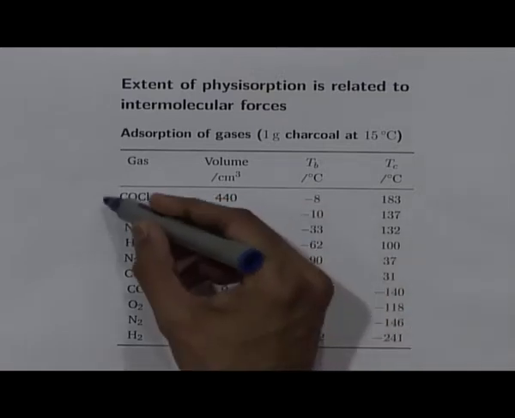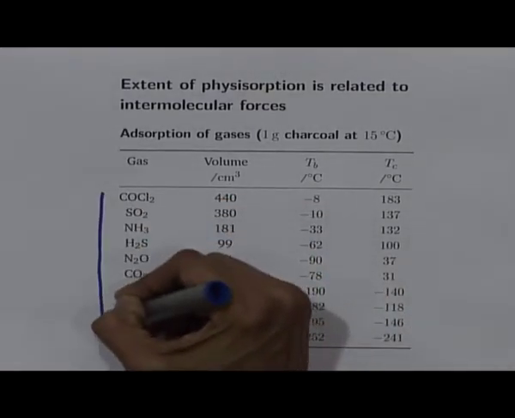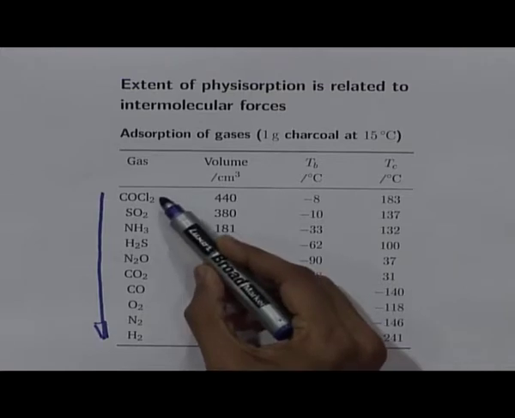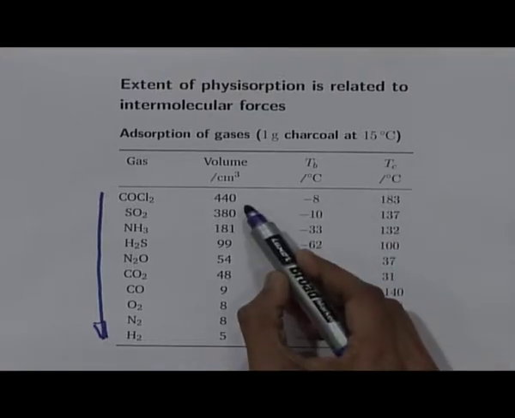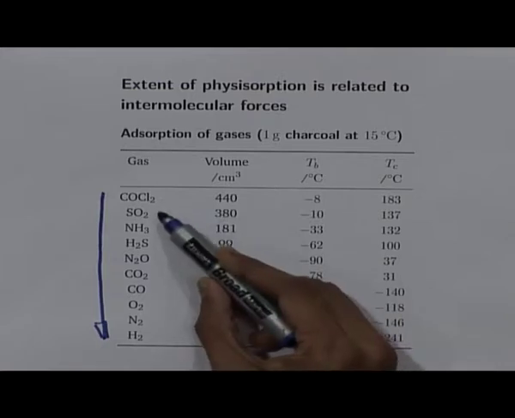Here are various gases, and I have listed some of them. There is phosgene here, and to 1 gram of charcoal at this temperature, 440 cc of phosgene is adsorbed, and you go down this list.